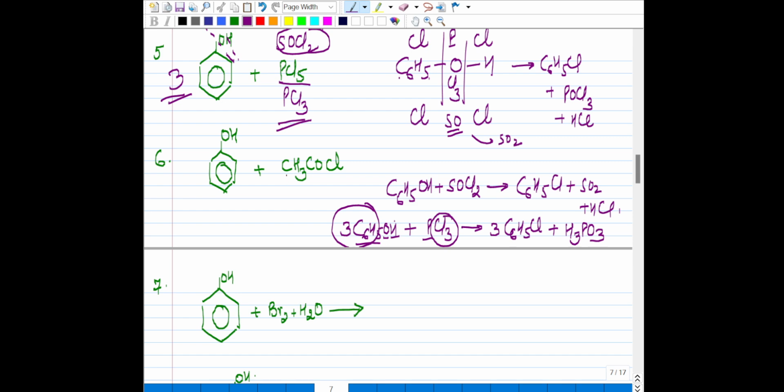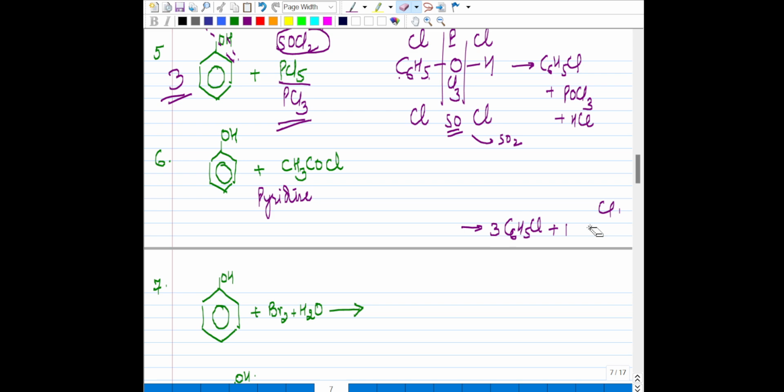Okay. Next we take up what happens when phenol combines with acetyl chloride, right? So when it is treated with acetyl chloride, then what happens? This reaction, remember, takes place in the presence of pyridine. Okay, so I'm wrapping this so that we have a space and we can write the reaction. Okay, so any guesses what will happen? Yes, H from here and Cl from here will form HCl, and you will have what?